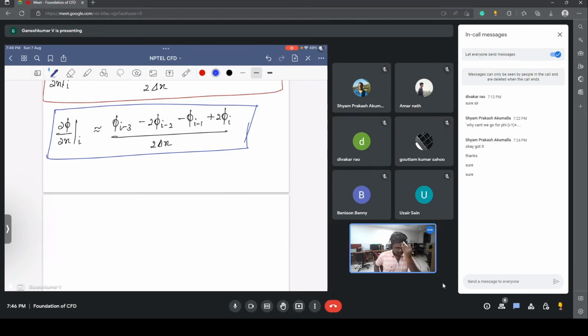Whatever you said is fine, but you can't randomly guess like that. You need to know whether a scheme is first order or second order. We should go back to the basics, the definition of order.